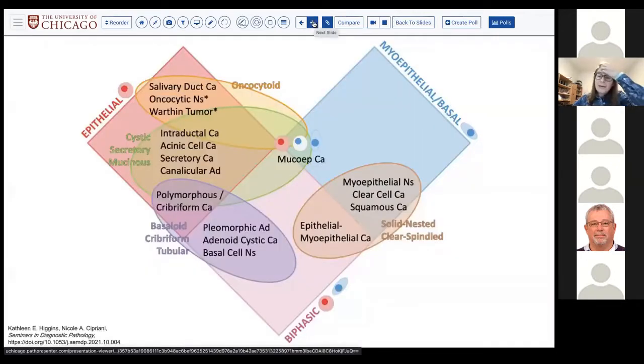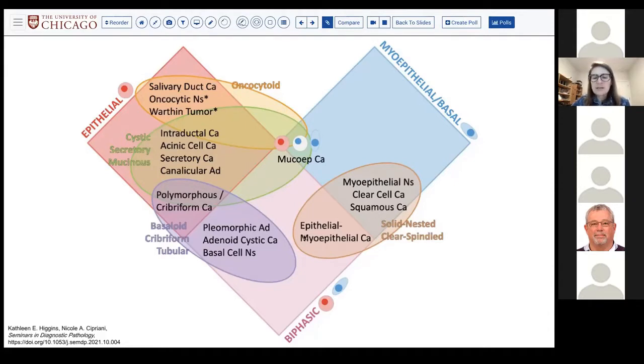And so I don't know if Katie's on this call, but our former fellow Katie Higgins and I wrote a recent paper, a review of immunohistochemistry and select use of genetic testing in salivary gland tumors. I have a link to the paper later on in the lecture, but essentially, if you think about these morphologic pattern groups, epithelial, biphasic, purely myoepithelial, oncocytic or oncocytoid, secretory, basaloid, solid, you can pretty much cluster tumors in these categories.